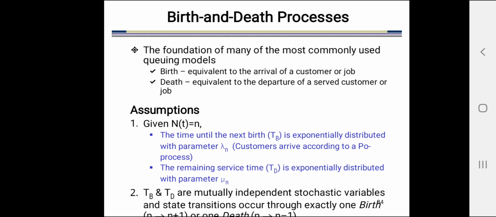What are the assumptions in such a case? Given N(t) equals n, the time until the next birth, TB, is exponentially distributed with parameter lambda n. The customers arrive according to the Poisson process. The remaining service time TD is exponentially distributed with parameter mu n. TB and TD are mutually independent stochastic variables, and a state transition occurs through exactly one birth or death.